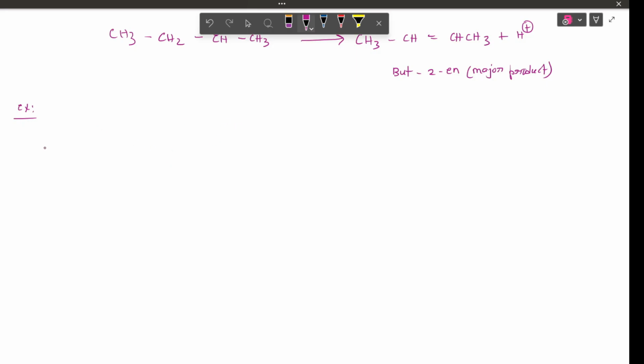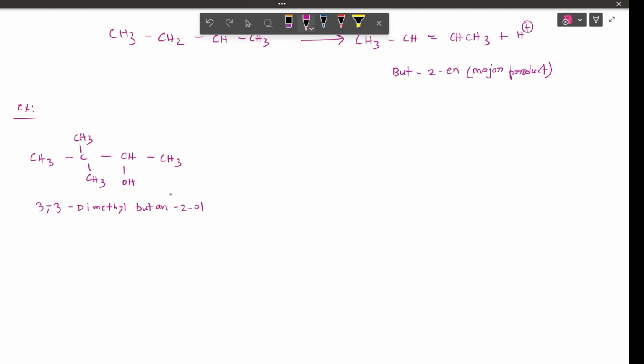So let us say we have this thing: CH3, C, CH3, CH3, CHOH, CH3. This is your 3,3-dimethylbutan-2-ol.